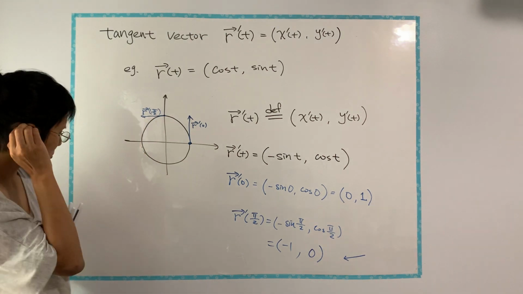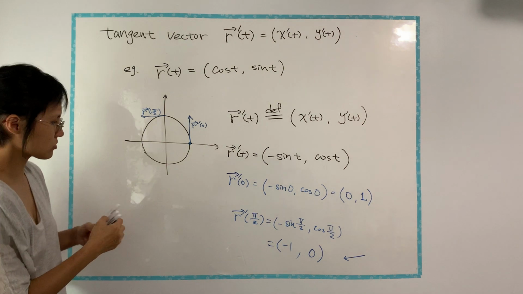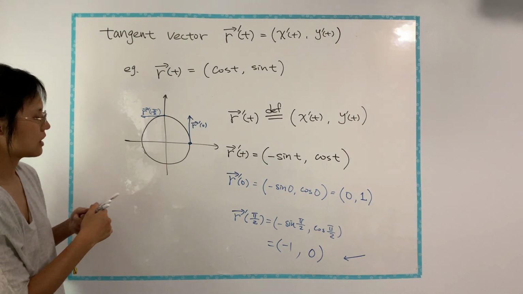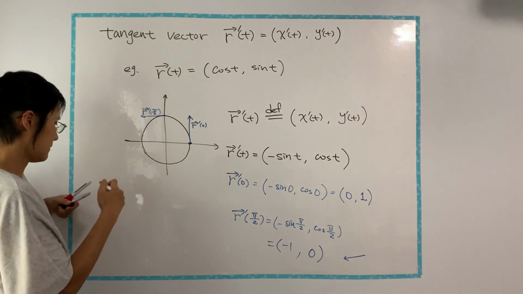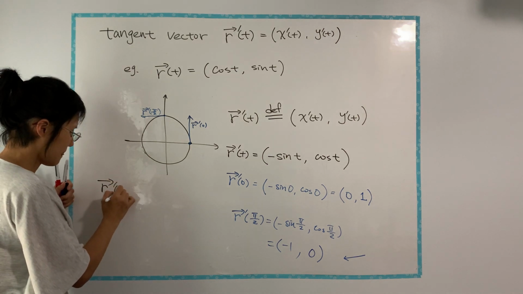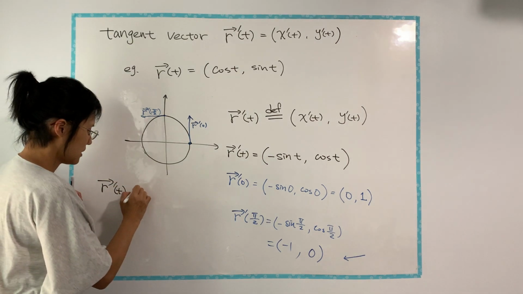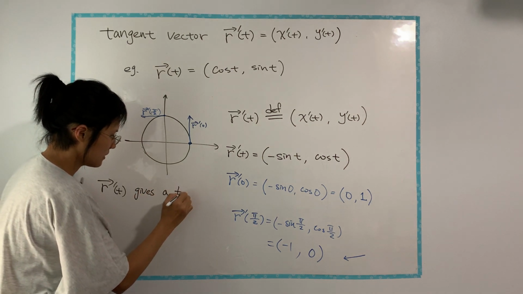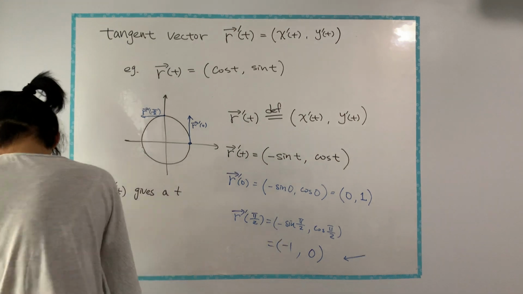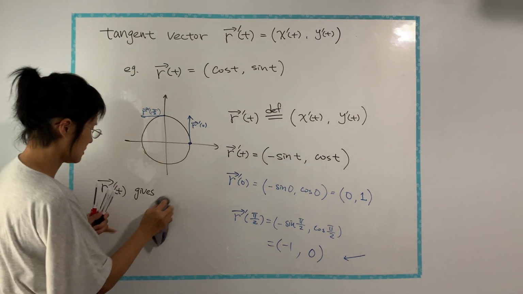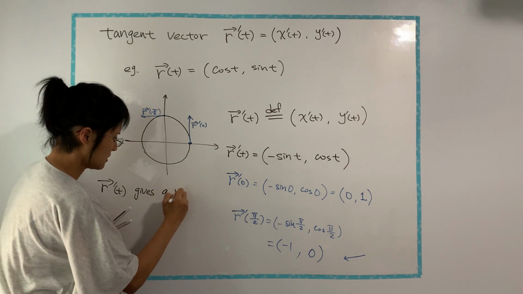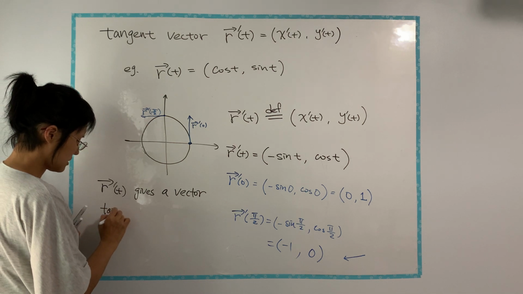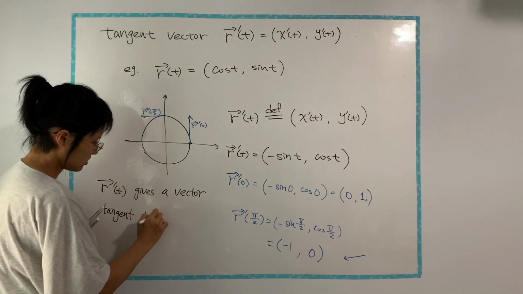Okay? So from these two examples, we are pretty confident and we understand that r prime of t gives a vector tangent to the curve.